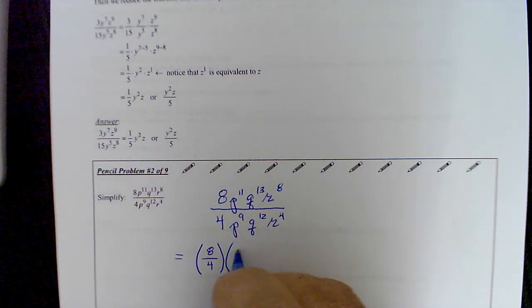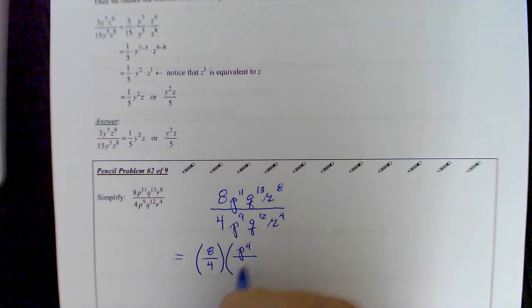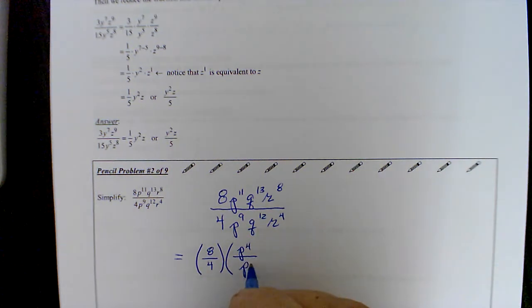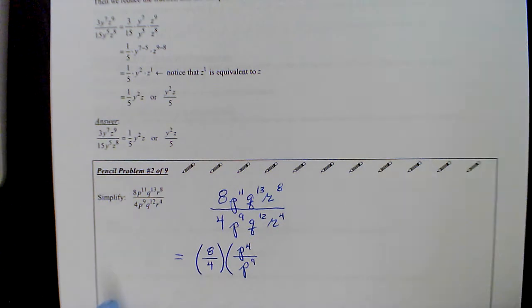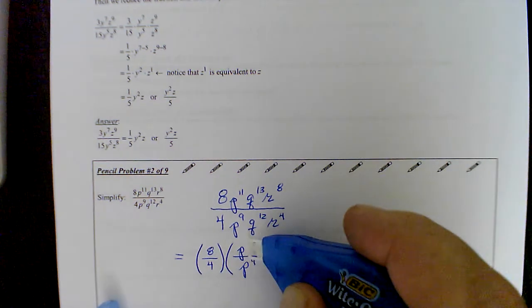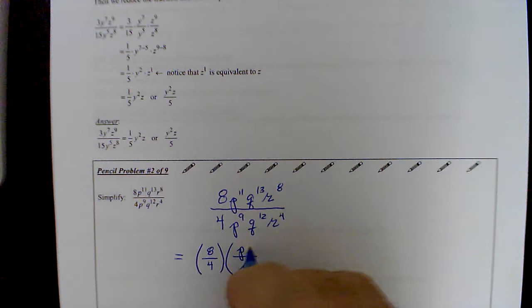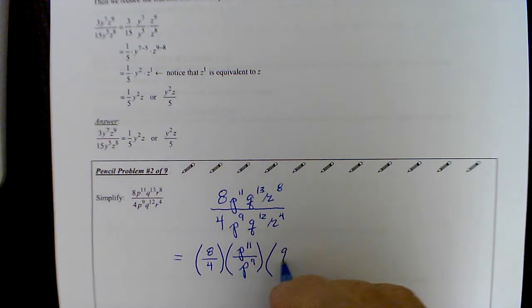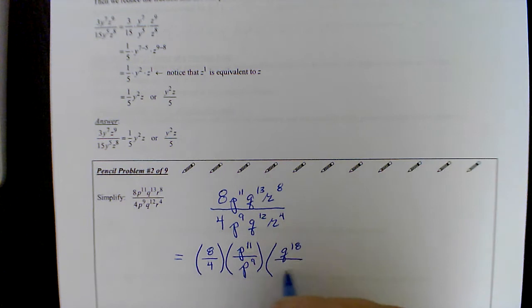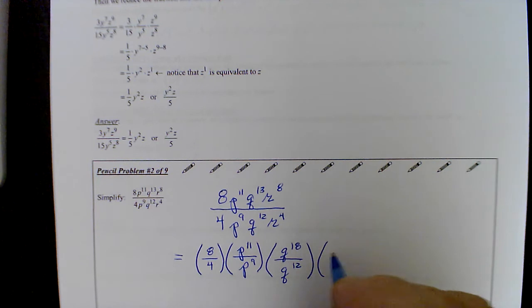So 8 gets divided by 4, p to the 11th gets divided by p to the 9th, q to the 18th gets divided by q to the 12th, and r to the 8th gets divided by r to the 4th.